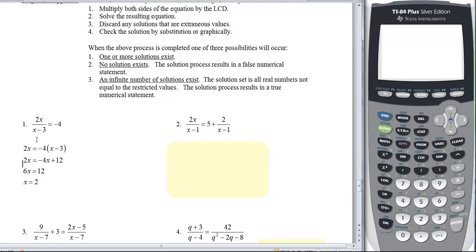Well, let's substitute 2 in and see what happens. I think we can do this in our head. If I put 2 in for x, I have 2 times 2, which gives me 4. In the denominator, 2 minus 3 gives me negative 1, and 4 divided by negative 1 does give me negative 4. So that's my correct answer.